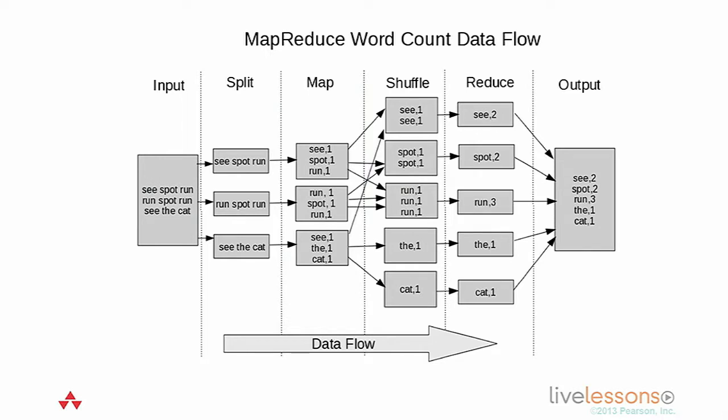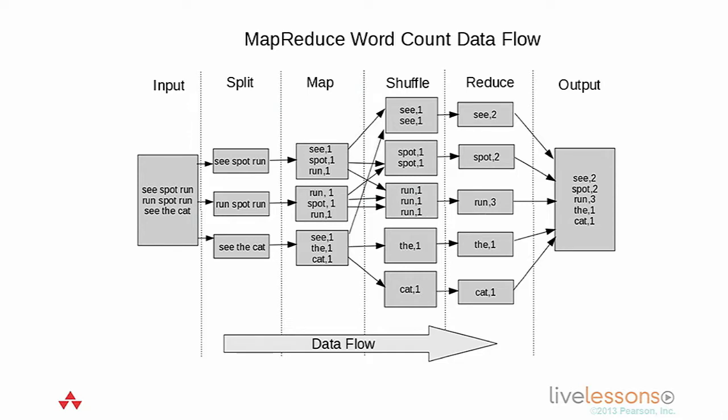All the key value pairs, for instance, for see, are moved up to the one top shuffle process, and they're collected there. And then spot, run, the, and cat, similar words, all get shuffled to collect all those together. So this process is one of the points where there is data movement within a Hadoop process. Depending where the reducers are running, these shuffles may move data across the cluster.